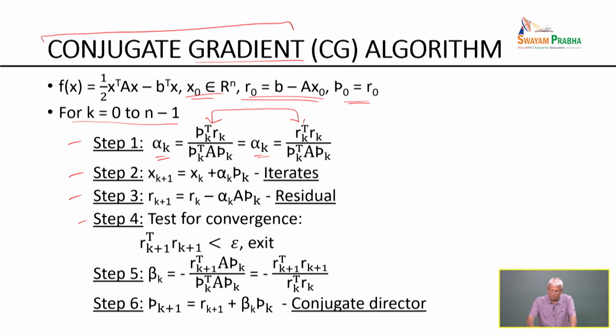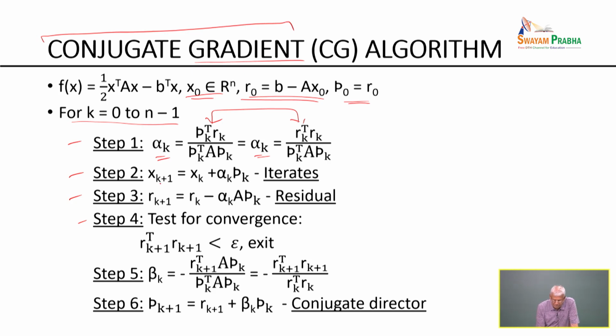Proving the details of this will take probably 3-4 lectures. There are beautiful books written. So, I am going to leave this part of the proof to those who want to master these techniques to very good textbooks, but I am going to give you the guts of the algorithm, the pseudo code if you wish. Alpha k can be computed by two formulas. You can use any one of them in your computation.